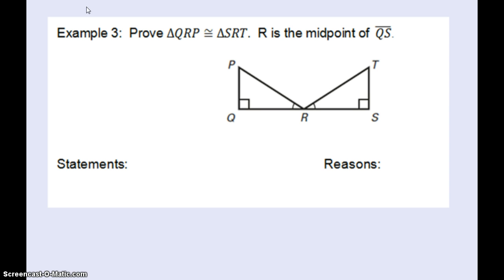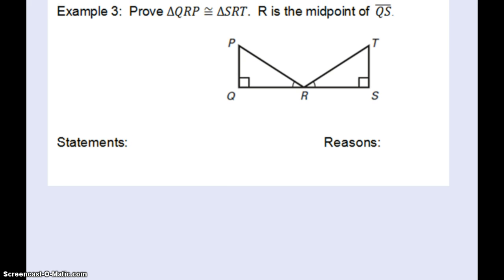First off, I noticed that it's in 2-column format, so let's go ahead and state our givens. The first thing that we're given is that angle Q and angle S are right angles.